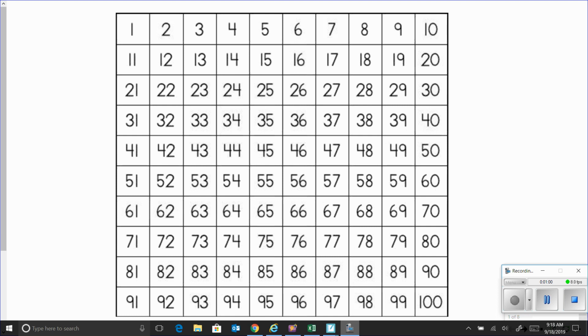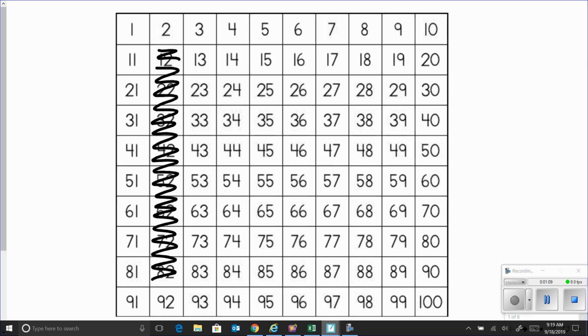So we're going to go ahead and eliminate quite a few numbers here. Any number that ends in 2 is an even number, and that can be divided by 2. So we're just going to go ahead and eliminate anything that ends in a 2.